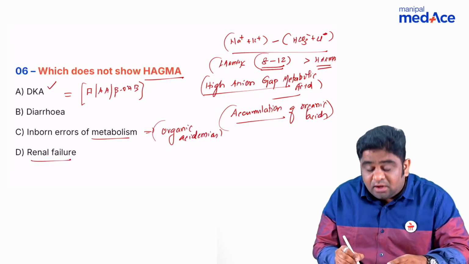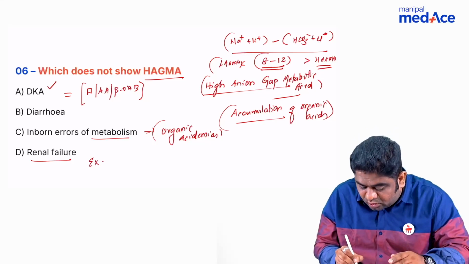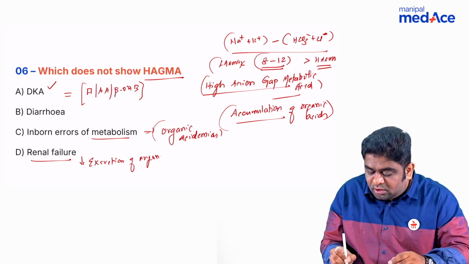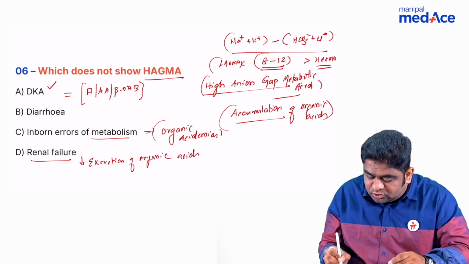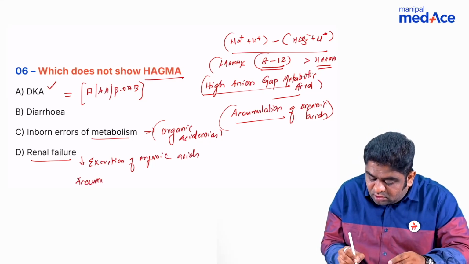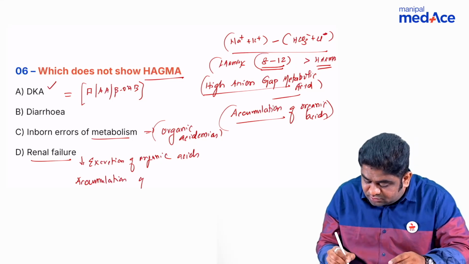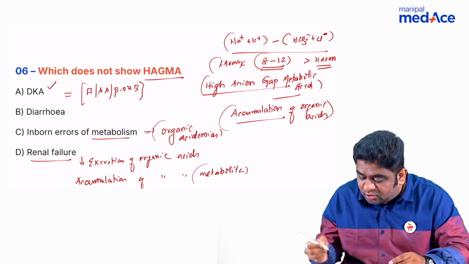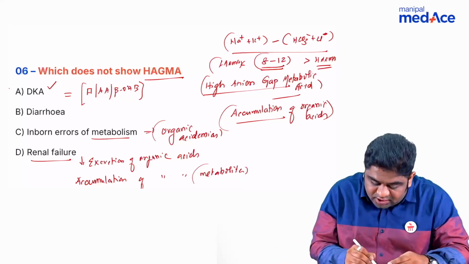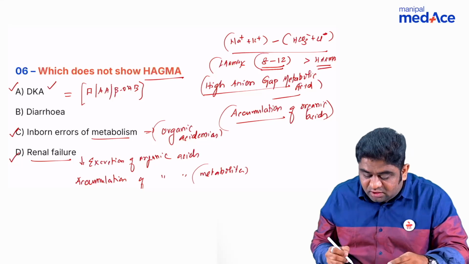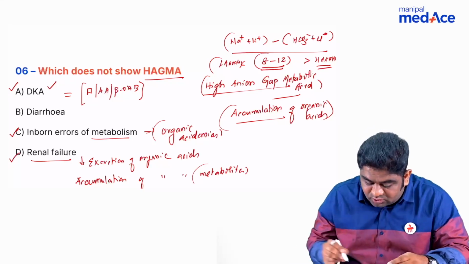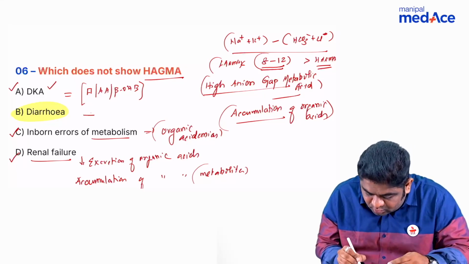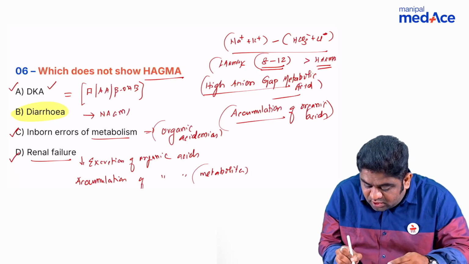In renal failure, there is a failure of excretion of organic acids, and there is also accumulation of organic acid metabolites. So accumulation of acids per se will lead to an increase in the anion gap. So DKA, inborn errors of metabolism, and renal failure can cause high anion gap metabolic acidosis. While in case of diarrhea, you will have NAGMA, normal anion gap metabolic acidosis.